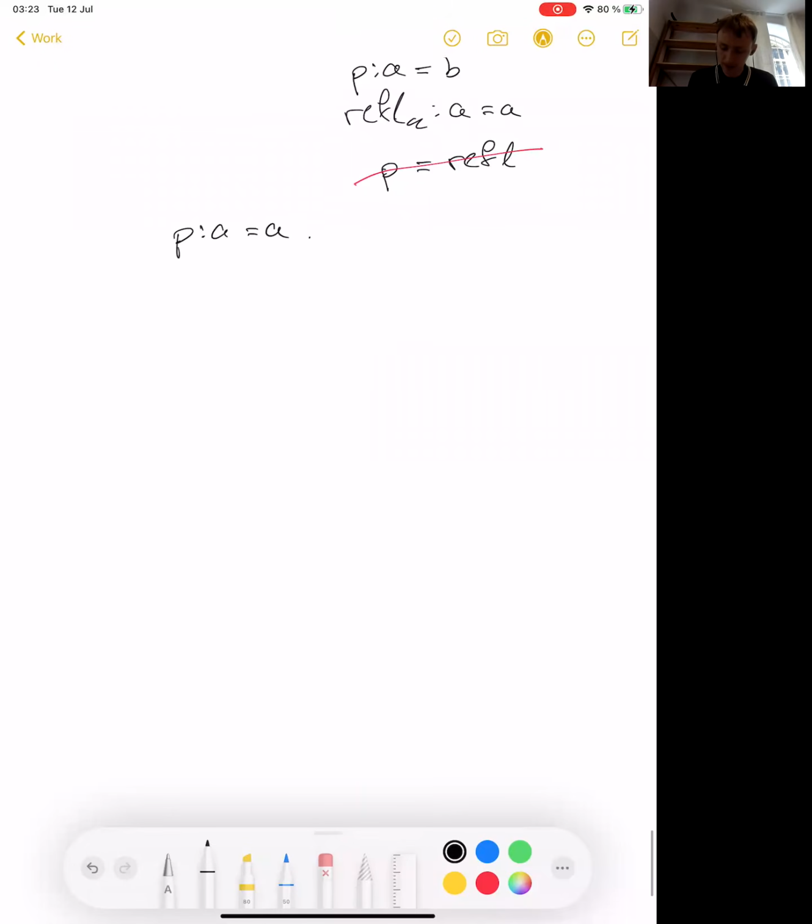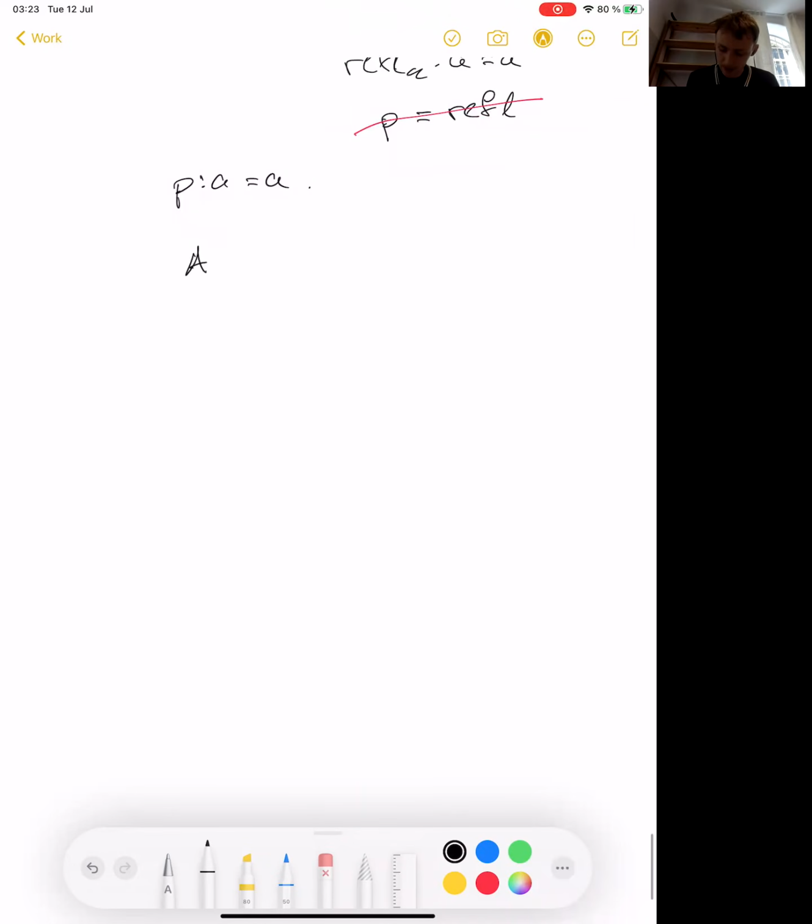Well, remember this idea that every type A is some kind of blob, some sort of topological space. If we have a point A here and a point B here, then a path P from A to B is literally just a path in this space, right?